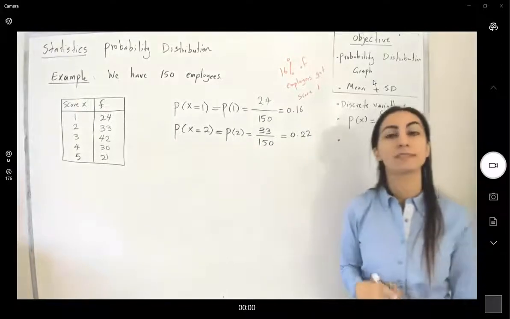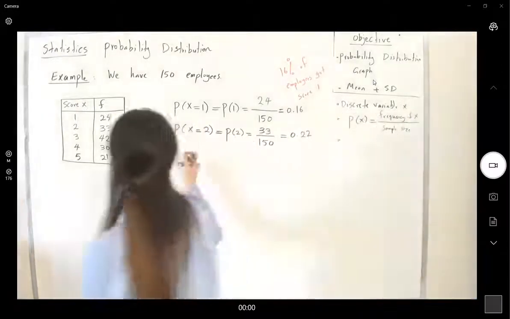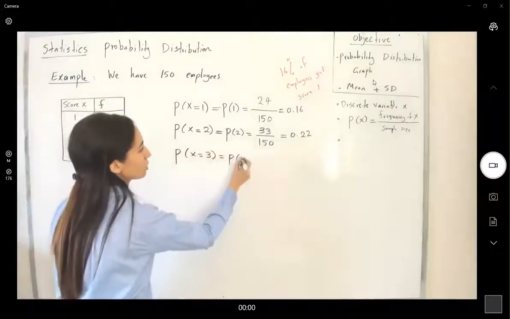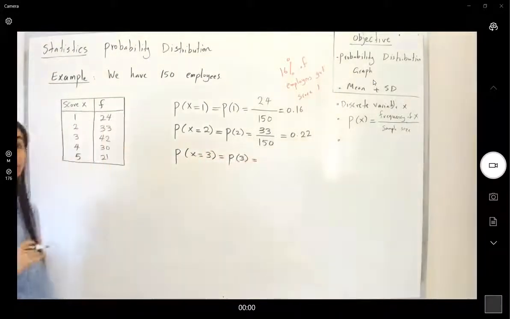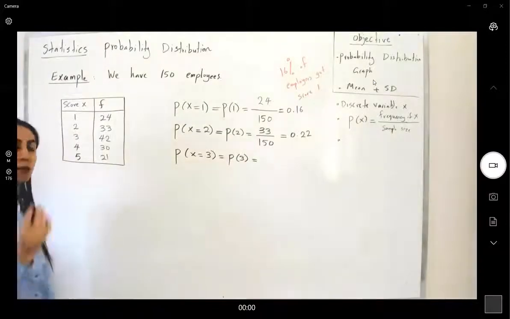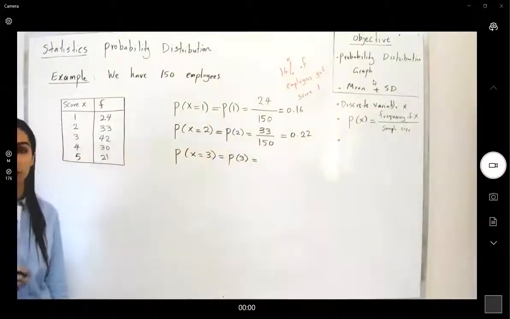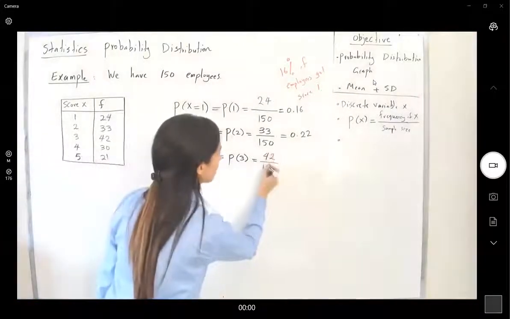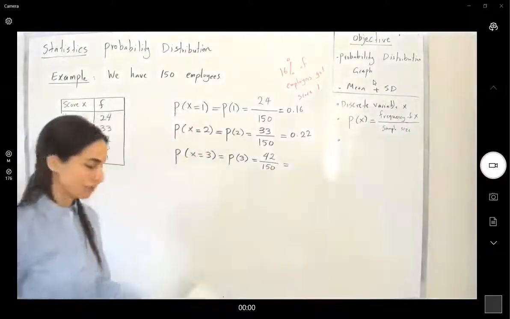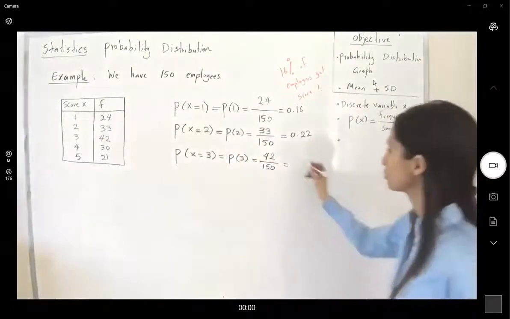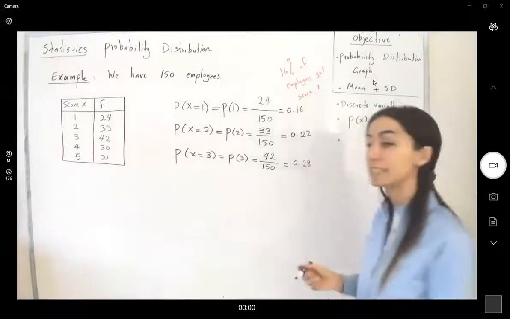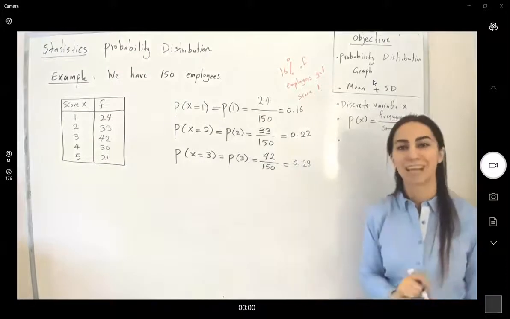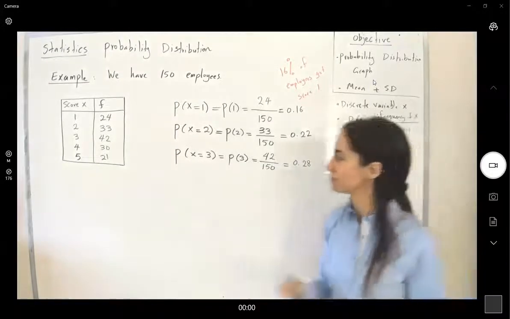They belong to the second category. P of 3 is the number of employees who belong to the third category, who got score 3, which is 42, divided by 150. When we do the calculation, we get 28%. 28% of all of those employees belong to the third category, they got score 3.